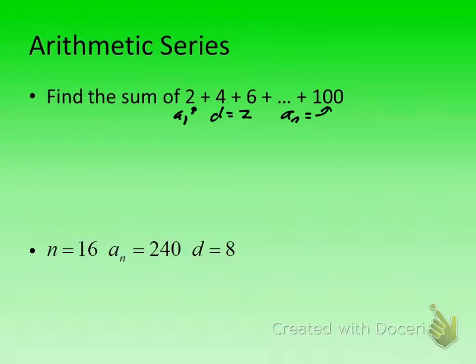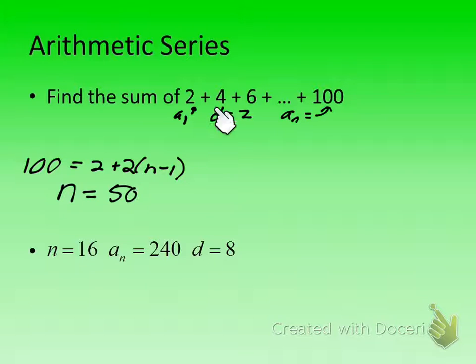Plug them in, solve for n. So 100 equals 2 plus 2 times n minus 1. And if you know anything about the numbers you're trying to find, you know how many numbers are in the sequence, which is how many? 50. You're finding the even numbers between 2 and 100.